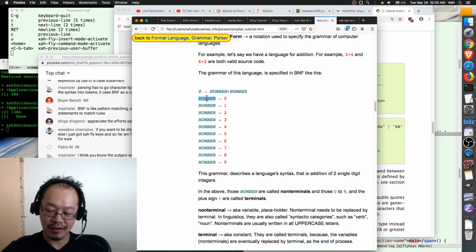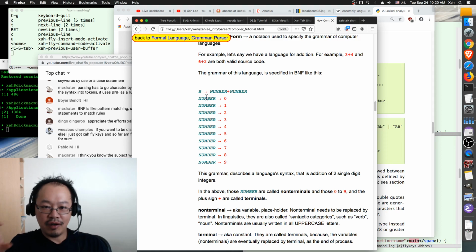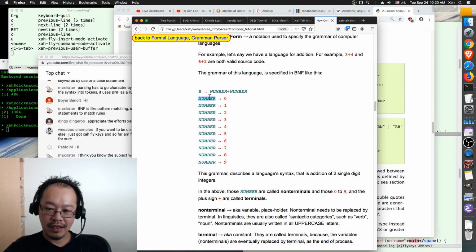Whenever you see the word number, you can replace it with 0. That's one rule. So a grammar is a set of rules, each like a string find-and-replace. This rule says every time you see number, you can replace it by 0, and so on.